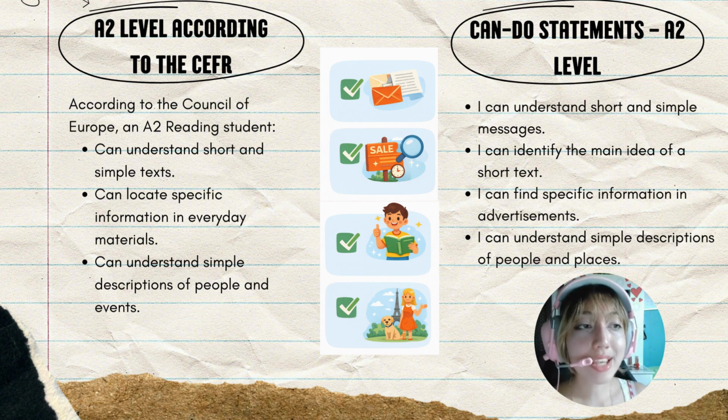Can-do statements for A2 level: I can understand short and simple messages. I can identify the main idea of a short text. I can find specific information in advertisements. I can understand simple descriptions of people and places.